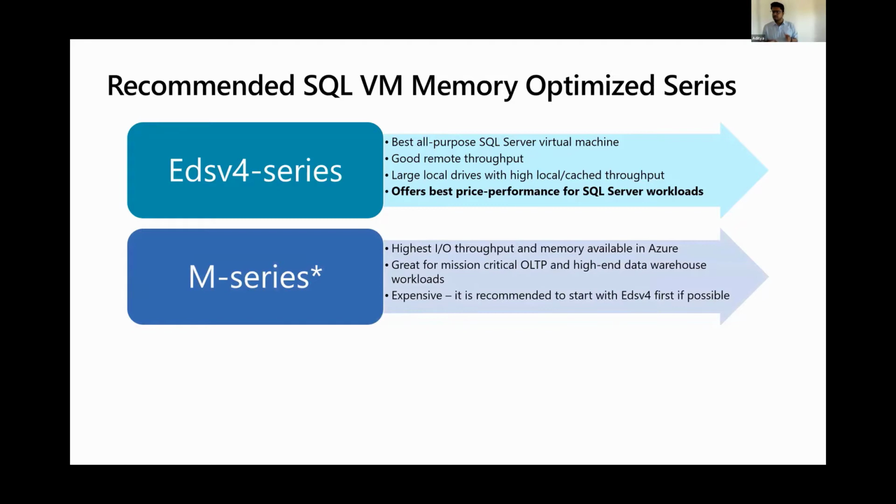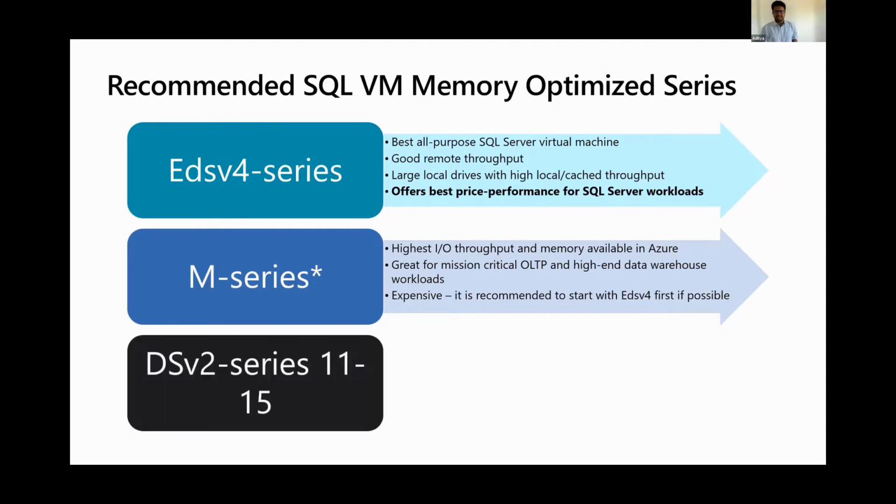M series is a memory optimized series where, let's say, I need to get 192 cores or 128 cores. So if you have that higher demand of cores and mission critical OLTP workloads, we do recommend M series. M series has those flavors.